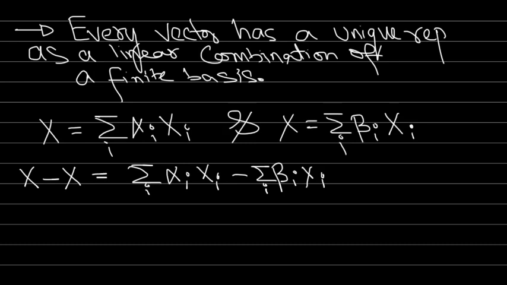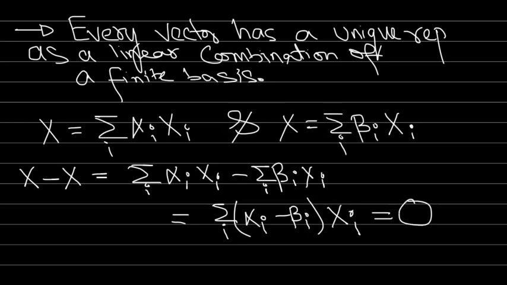But then if you factor some stuff out, what you get is the summation over i of (alpha_i minus beta_i) times, of course, x_i, and this thing is equal to 0. It has to be equal to 0.